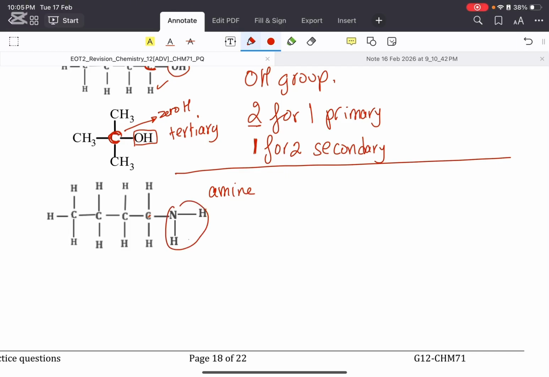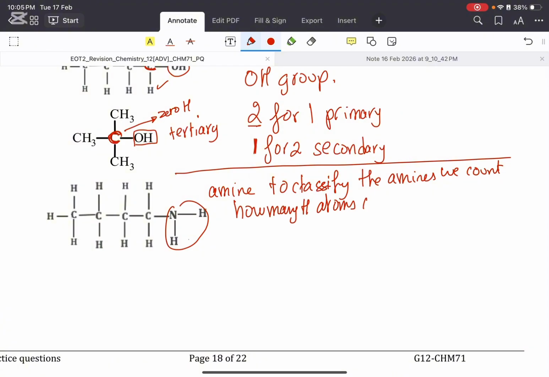So we count the hydrogens bonded to N. So to classify the amines, we count how many hydrogen atoms are on the nitrogen atom.